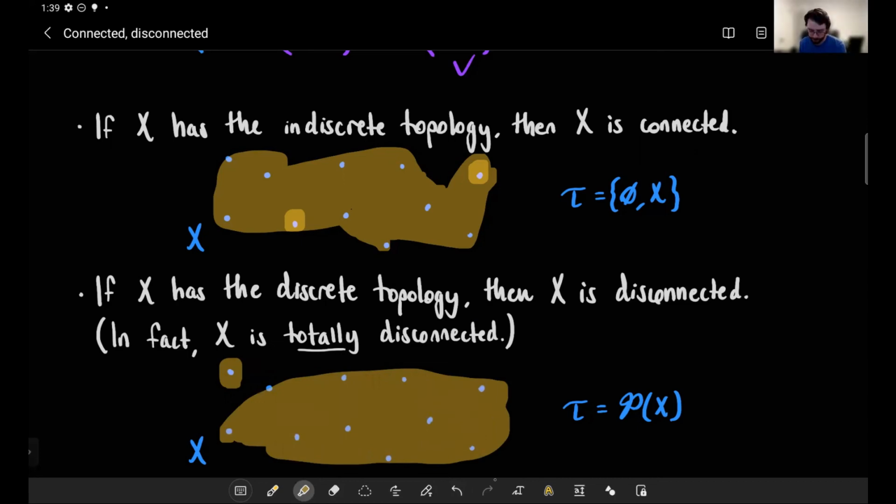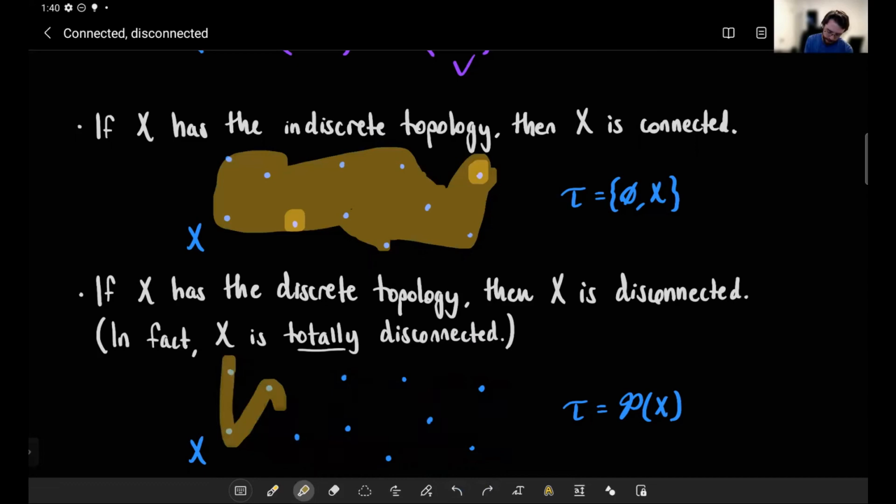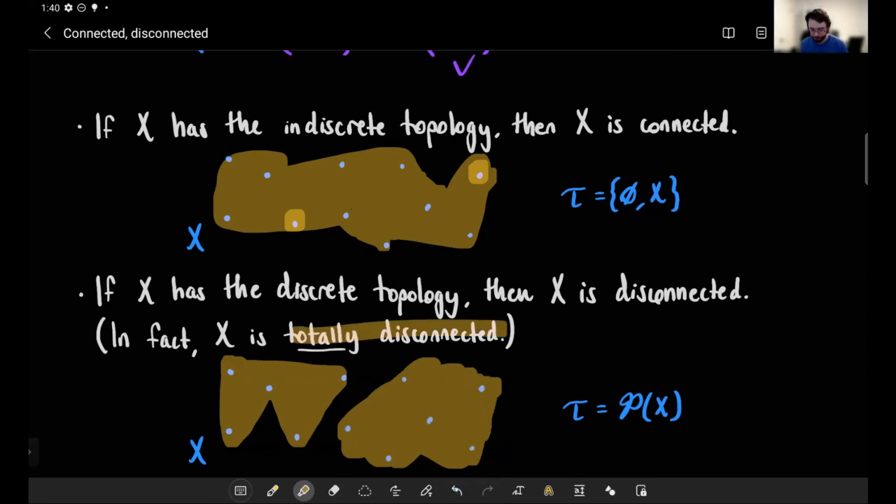And so you disconnect it. Since you can do this for any subsets you want, since you can take any pair of points and say, hey, I can disconnect X around those points, we call it totally disconnected. Basically, that means that the only connected subsets are singletons.